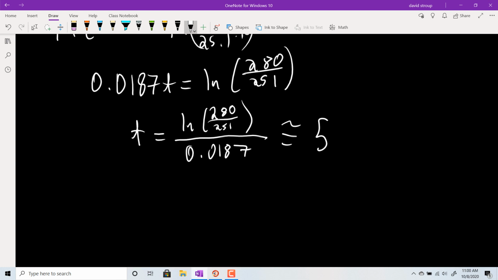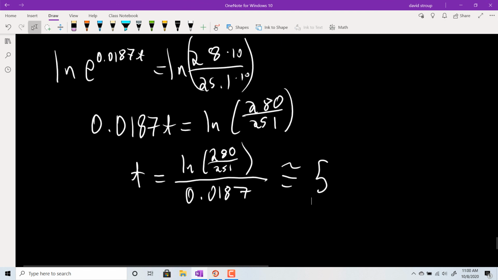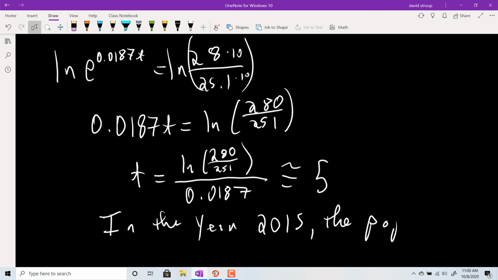In other words, 5 years after 2010, so we're talking in the year 2015, the population will reach 28 million.